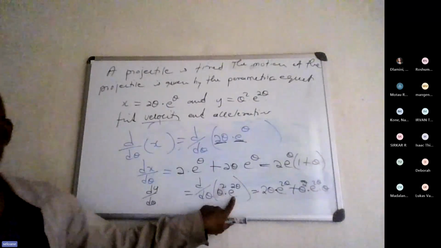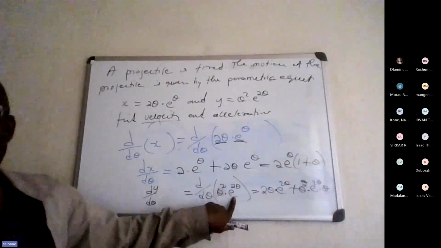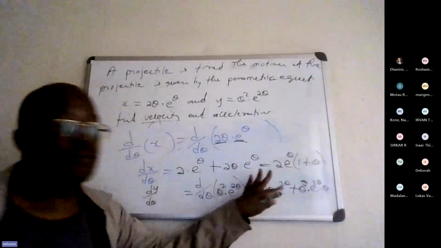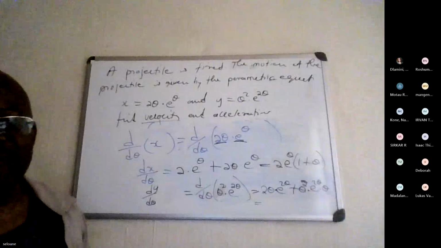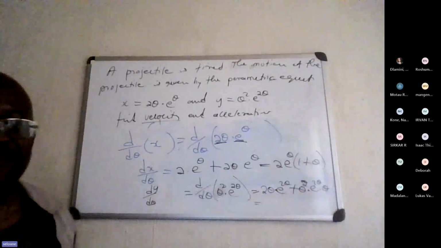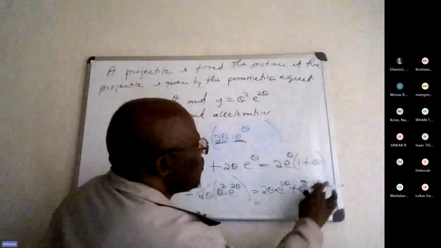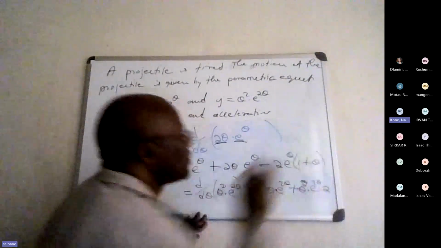The base here is e, therefore it will be multiplied by ln e. Ln e is 1. Then from there, you can just take out a common factor between these two terms. Obviously, a common factor will be what? There is 2 here, isn't it? Yes. There is 2 here.